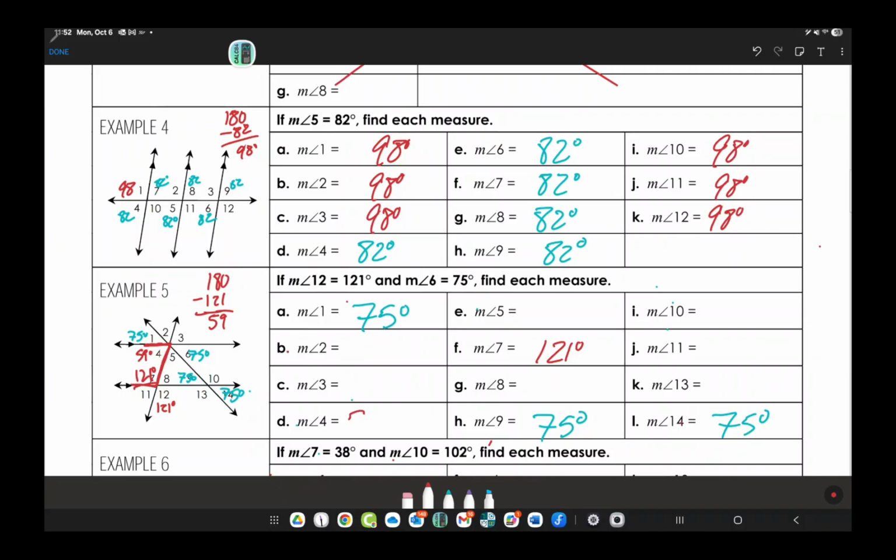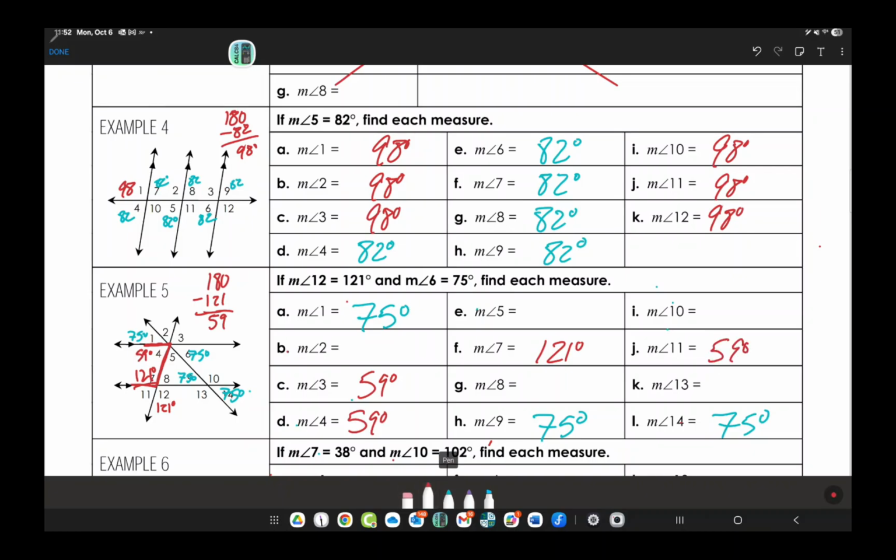Which means what else is 59? Also, there are two other angles that are 59 degrees. 3, yeah, but there's 2 more. 11, and what's vertical to 11? 8. 11 and 8 are 59 degrees.